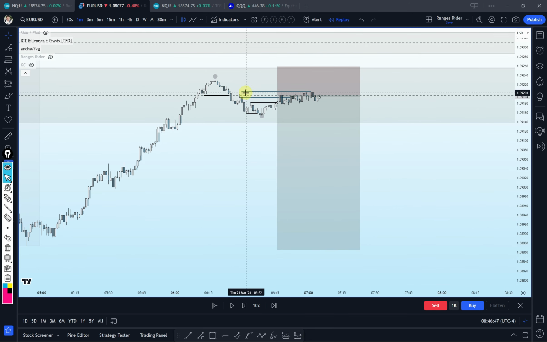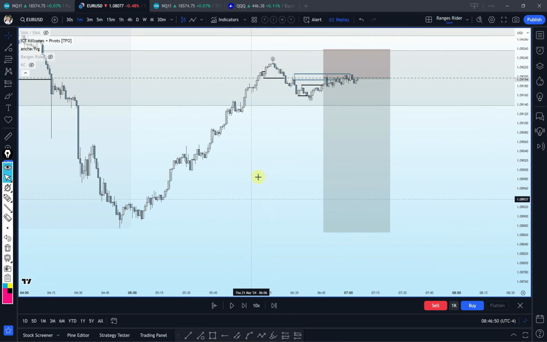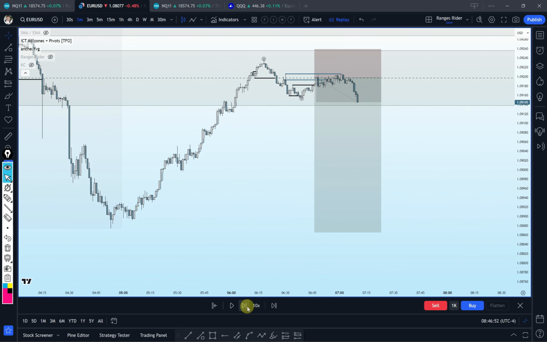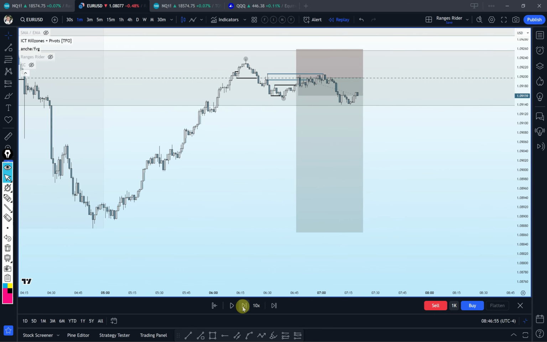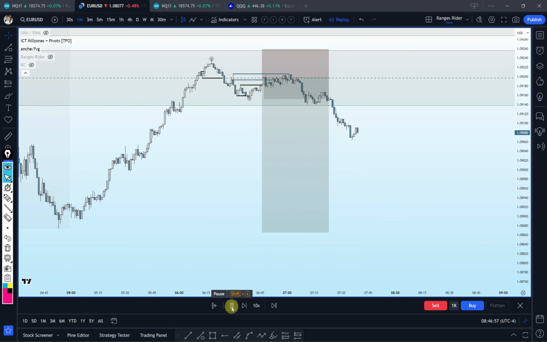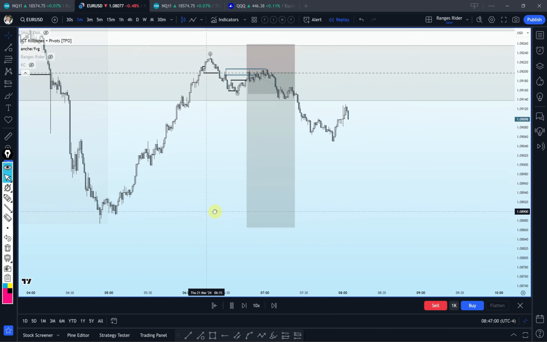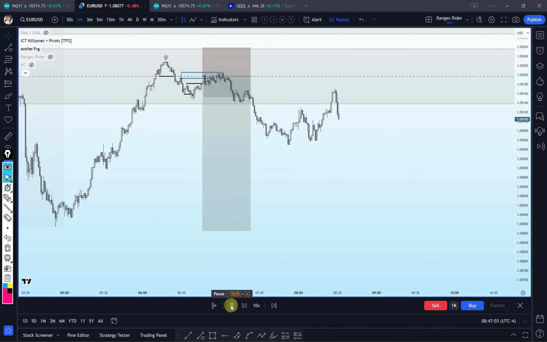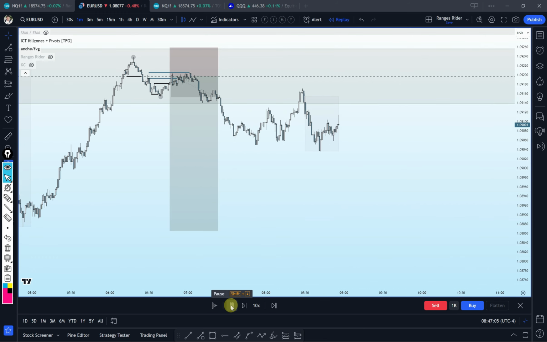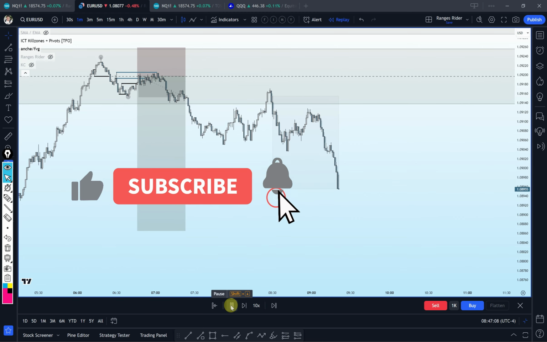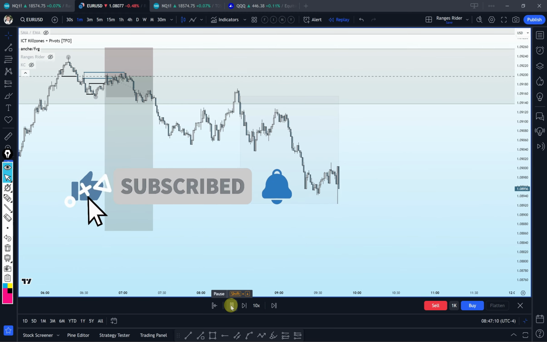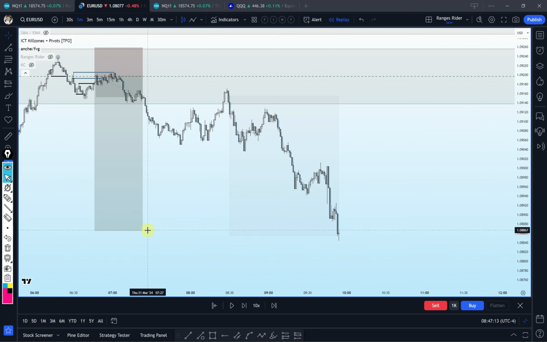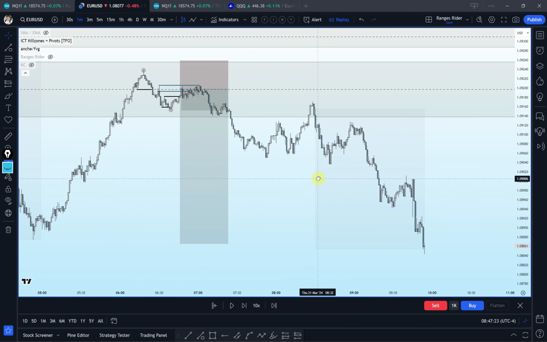So it has almost tested that one also. And we are at the target here. So this is our 5.5 hour trade.